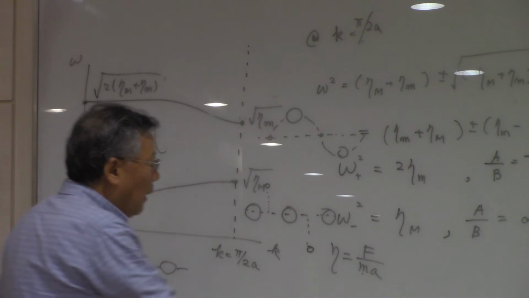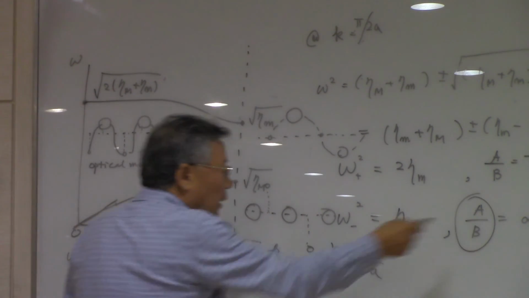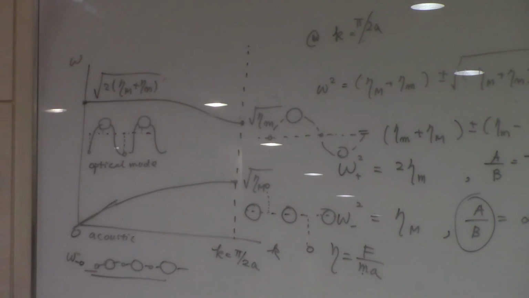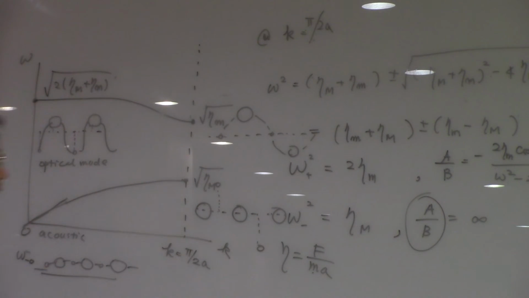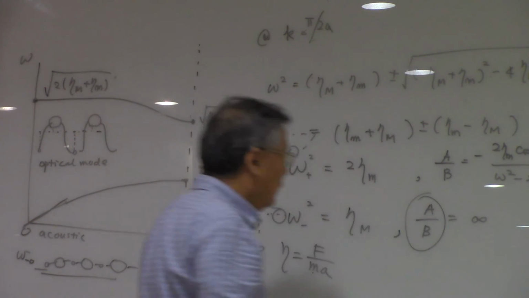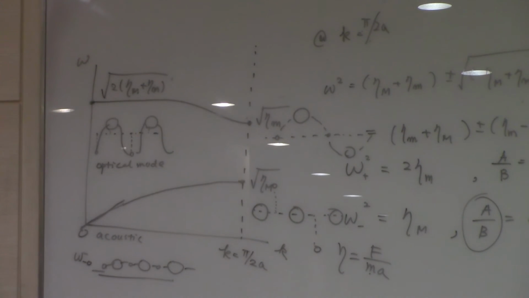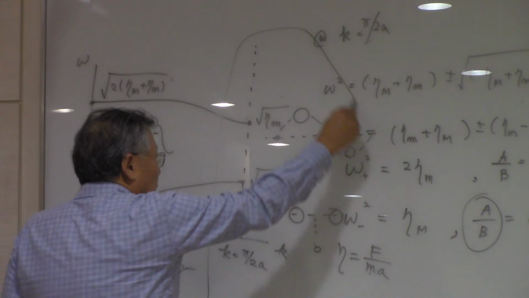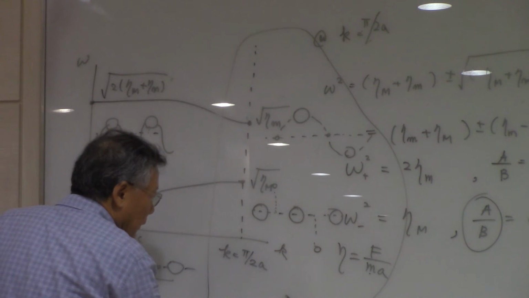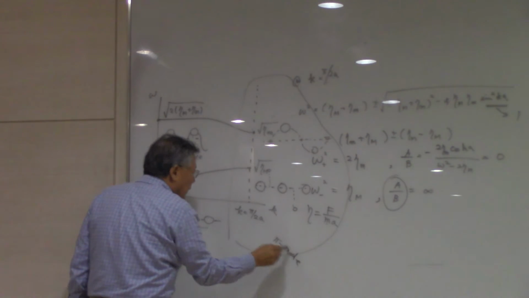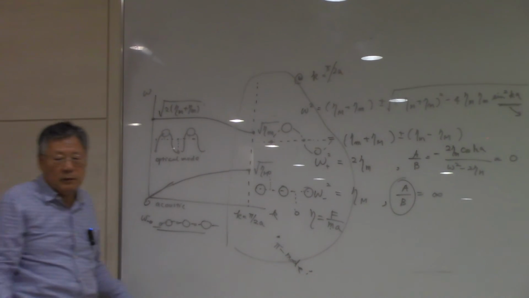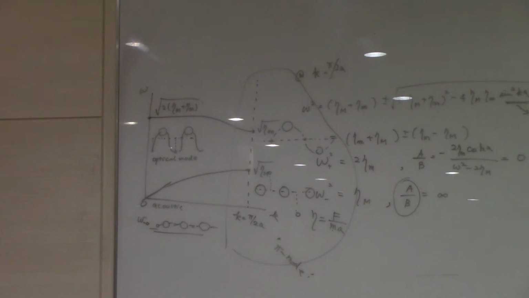Because the amplitude is infinity, and the amplitude is 0 in one case. Okay? So that is the situation that we are going to have, and we call this the pi mode. The name itself is not important. We just call it the pi mode. Just name it like a pi mode.